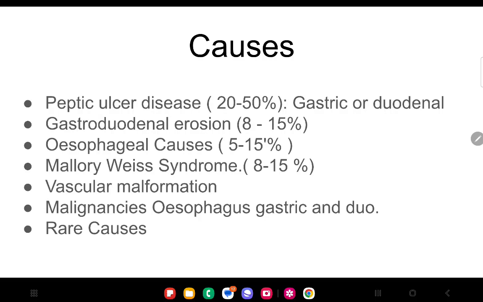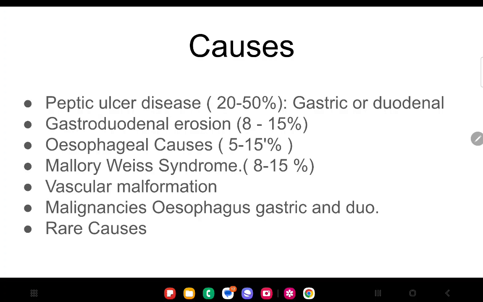and this peptic ulceration is either gastric ulcer, duodenal ulcer, or lower esophageal ulcer, and it comprises 20 to 50%, while gastroduodenal erosions entail a lower percentage, 8 to 15%.